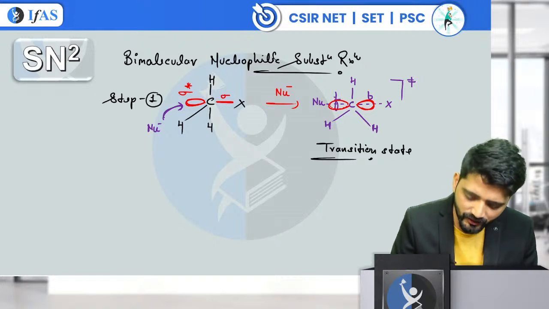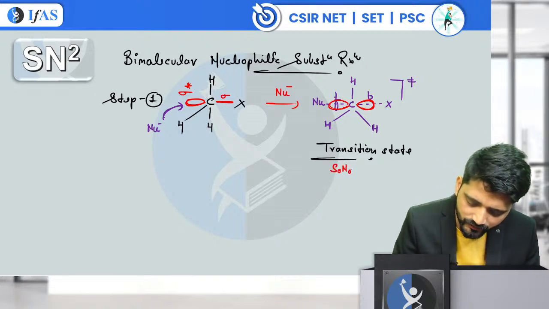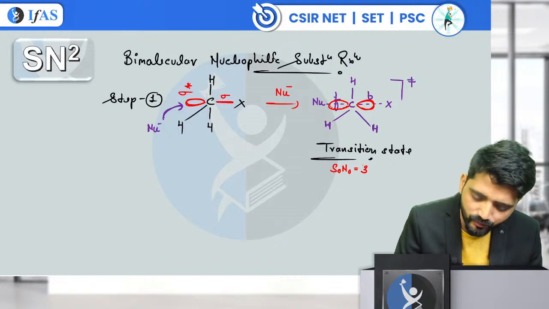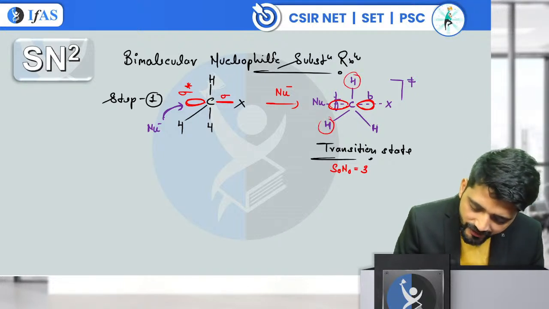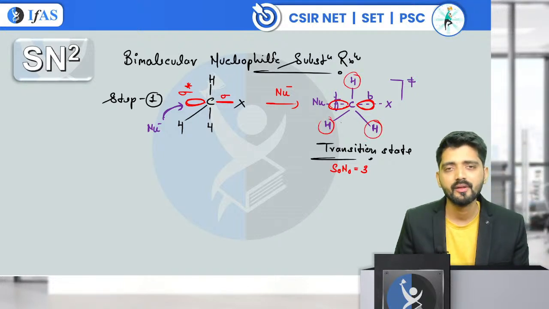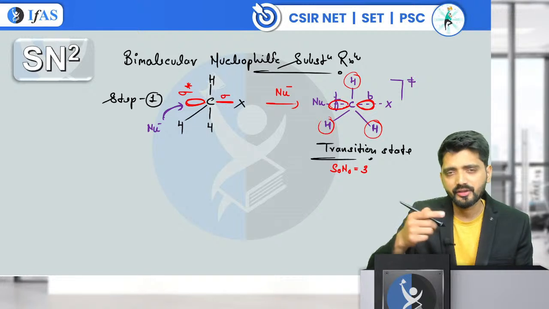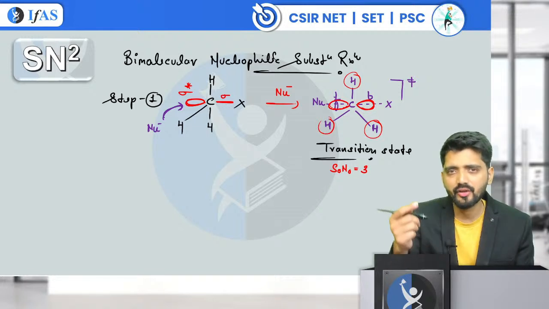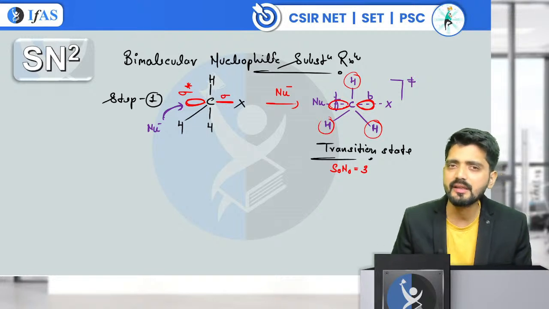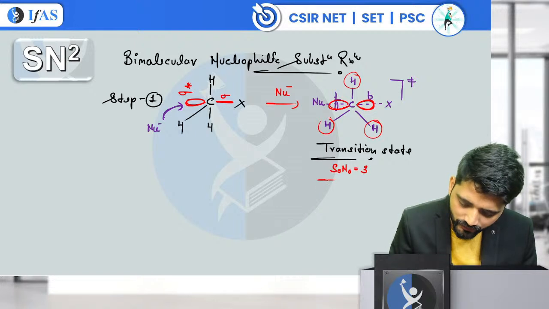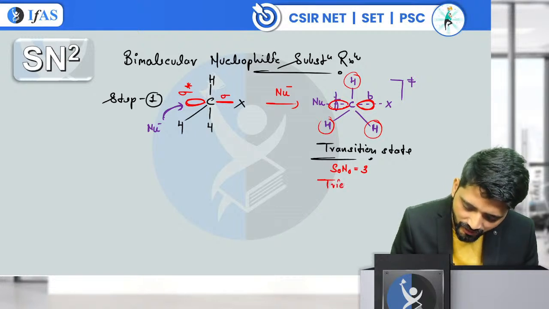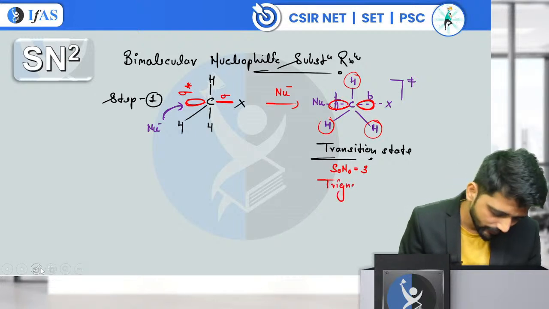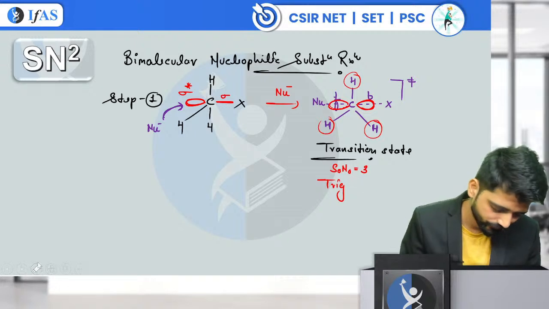So the steric number for this situation is considered to be 3. It means we have only 3 hydrogens attached here, and if 3 hydrogens are attached and a kind of p orbital is generated at the carbon center, then of course it is going to have a trigonal planar geometry.